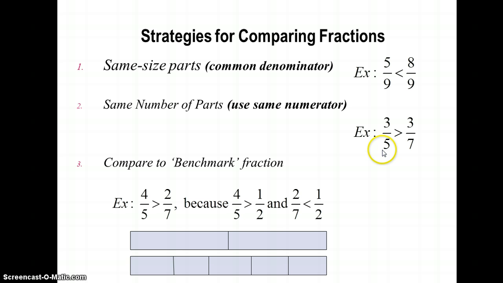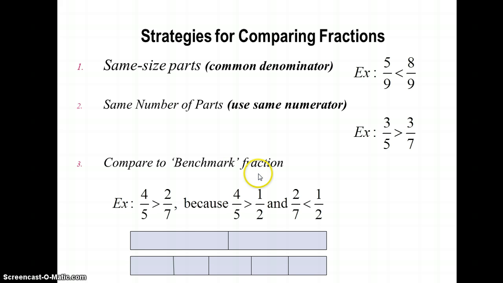One of the ways I tried to get you to think about this in class briefly is use a context. So if you had 3 cookies and you had to divide it among 5 people, then each person is going to get 3/5. But if you had 3 cookies and you had to divide it among 7 people, then think about that. Each person is going to get less because you have to divide the same 3 cookies into 7 parts. So again, if you use a context, you can get kids to think about that.